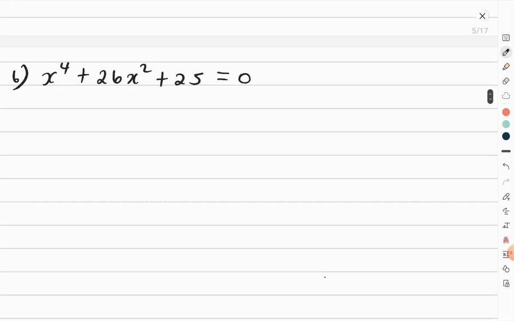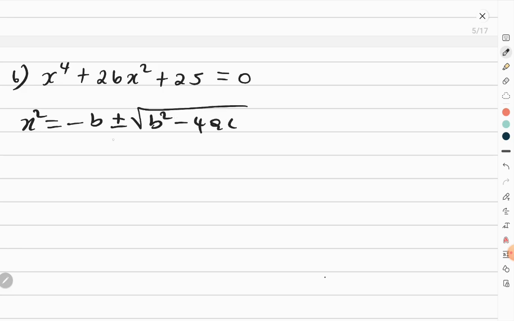Number 6, since this one is x to the power of 4, we can say our quadratic formula is going to be x squared is equal to negative b plus or minus the square root of b squared minus 4ac, all divided by 2a. Just treat this like x.